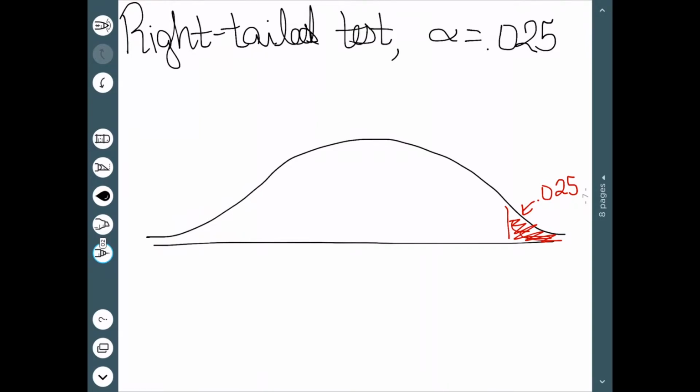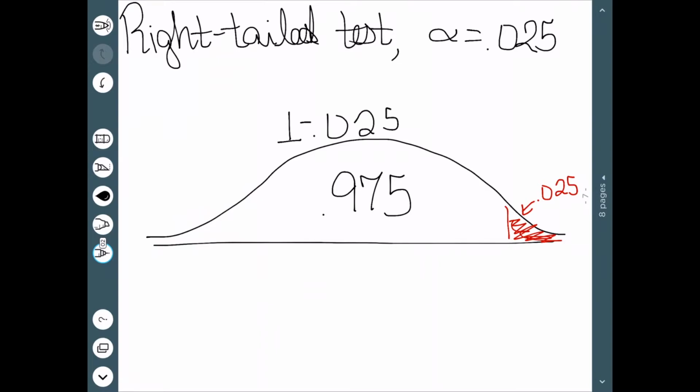The next one, we have a right-tailed test, and we know alpha is 0.025. This tells us that we have the area shaded to the right, and that shaded area corresponds to 0.025. Because our z-table always gives us the area to the left, we need to find the area of the non-shaded region, which is 1 minus 0.025, or 0.975.